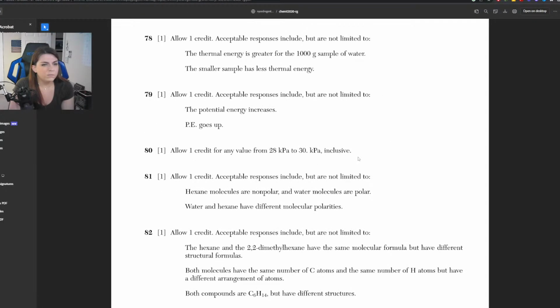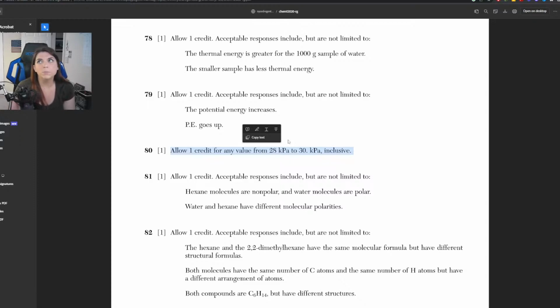which is how the teachers are going to score it, they are accepting any answer that falls between 28 kilopascals and 30 kilopascals. So if your answer is 31, it's wrong. 29, correct. 28.5, correct. 28, correct. 27.2, incorrect. So there's a range, and they always do this.